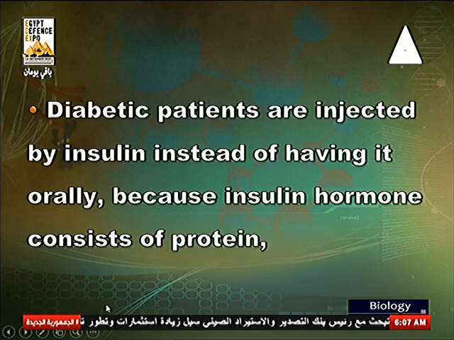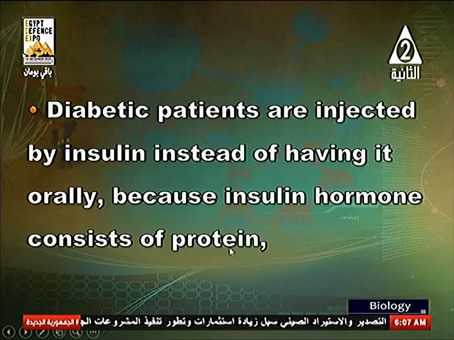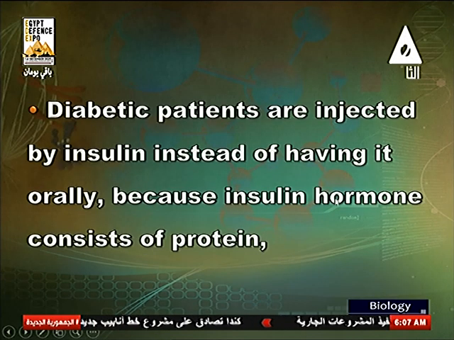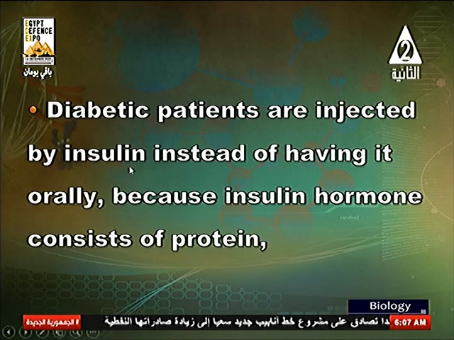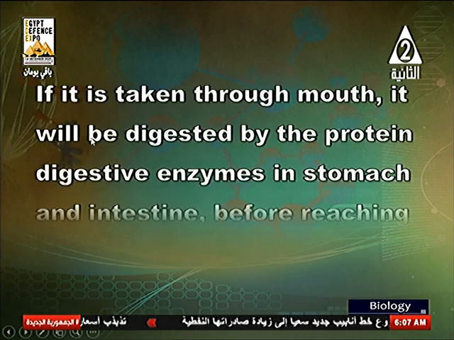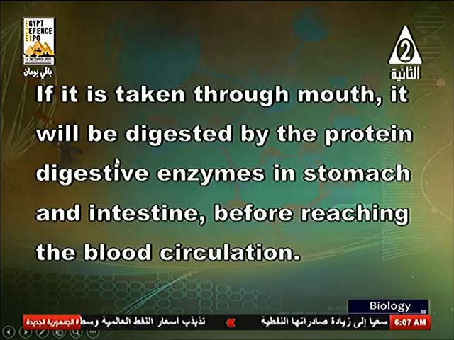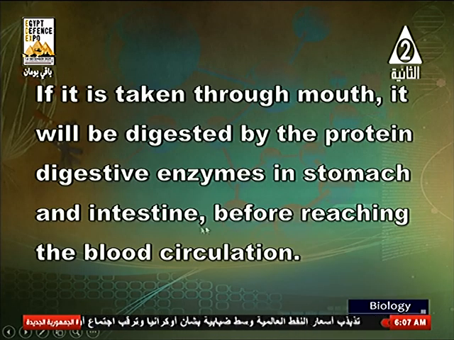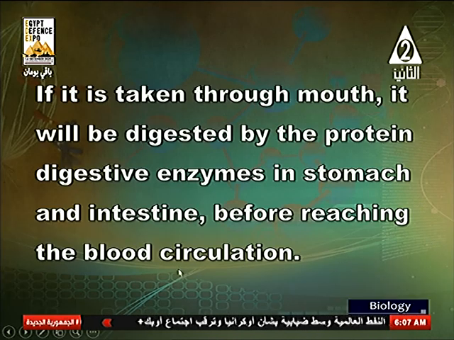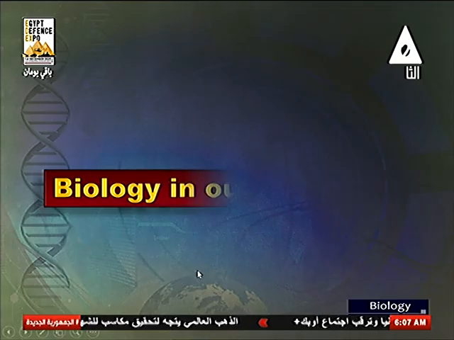Because insulin hormone consists of protein, and if we swallow it, it will be digested in our digestive system, so the body can't get benefit from this hormone. If it is taken through the mouth, it will be digested by the protein digestive enzymes in the stomach and intestine. Before reaching the blood circulation, it will be useless.